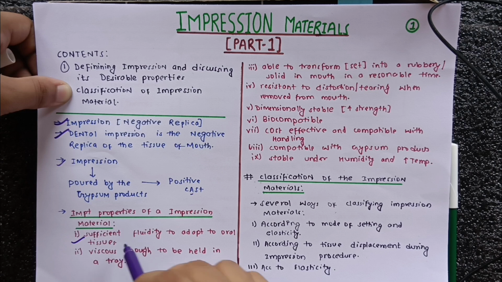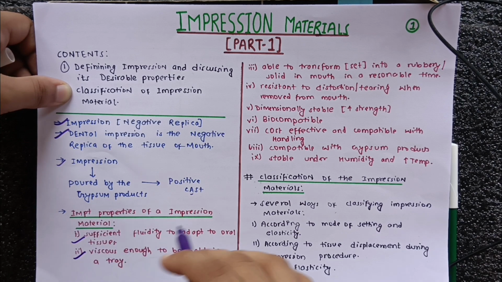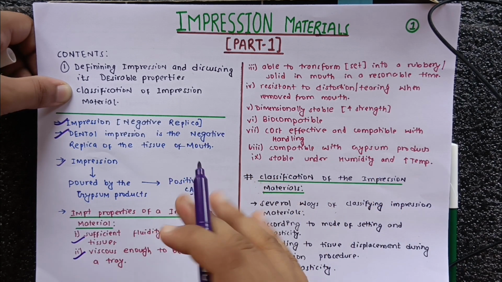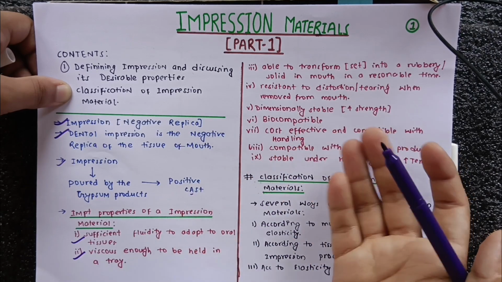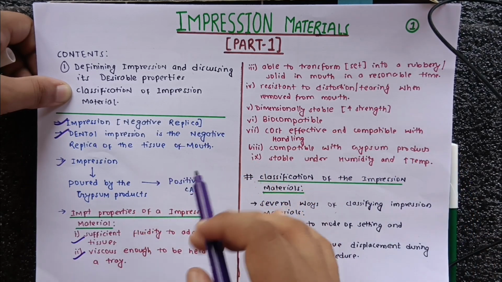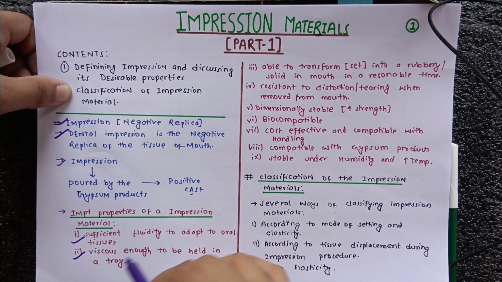Similarly, the next point: it must also be viscous enough to be held in a tray. So it should be flowable and also viscous, in the middle between viscosity and flowability. You should remember this: sufficient fluidity and viscous enough to be held in the tray.